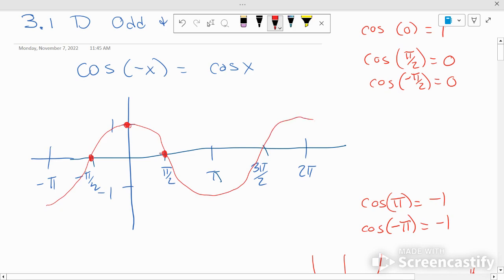Okay? So whether it's a positive or a negative, it's going to be the same answer here. So if I go over a positive amount of pi, the cosine at pi is negative 1. The cosine of negative pi is also negative 1.